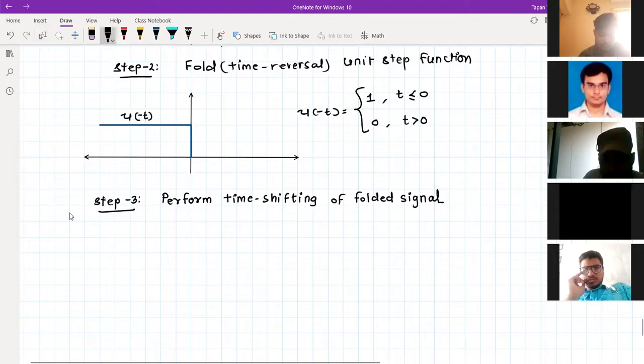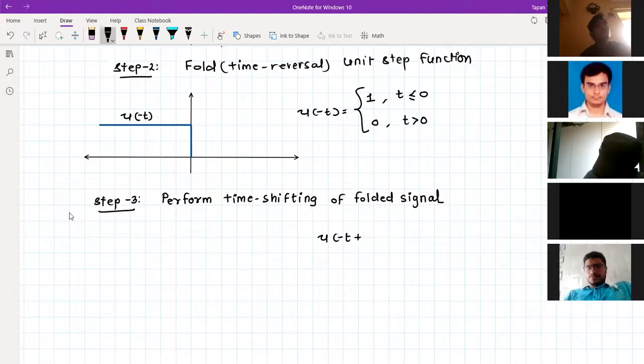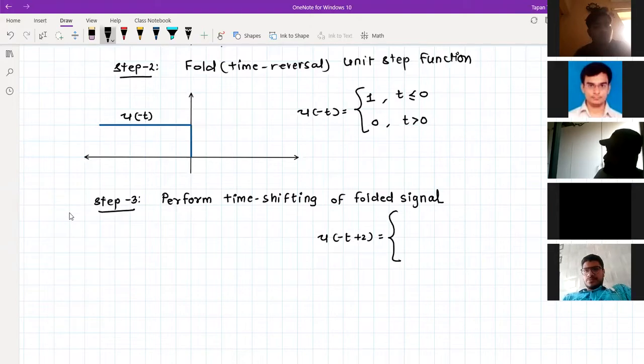Now look at this. U of minus t plus 2, that means you are adding 2 with every signal.